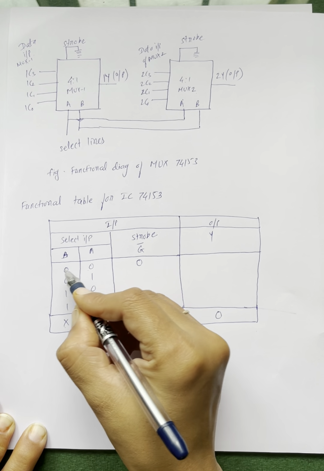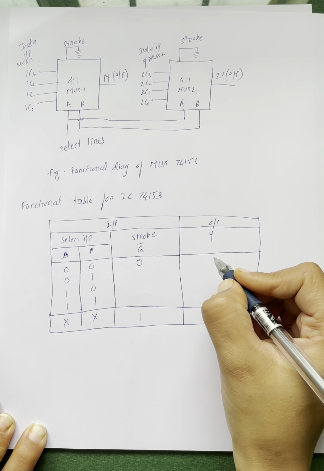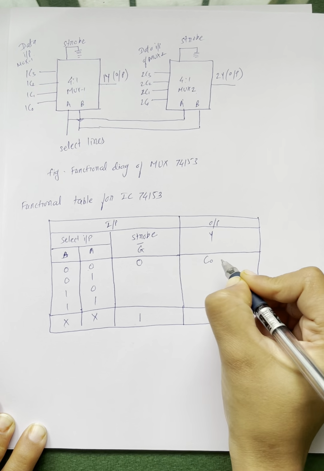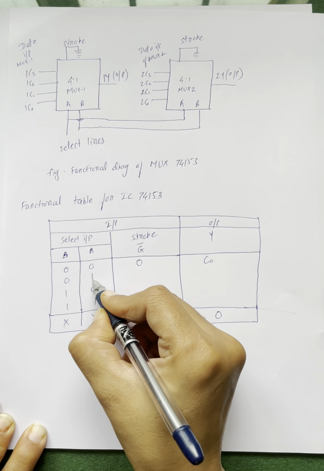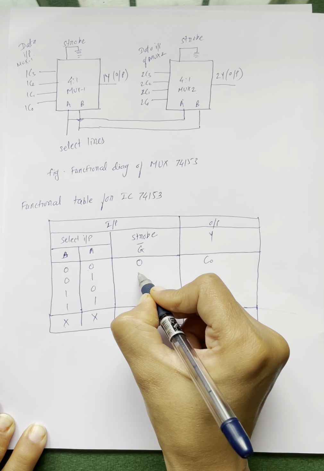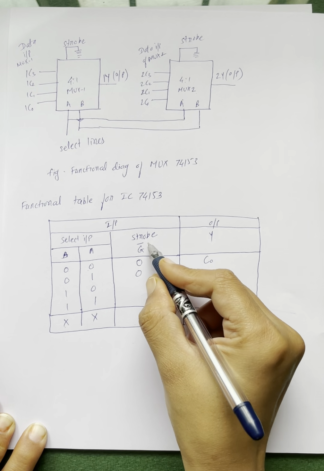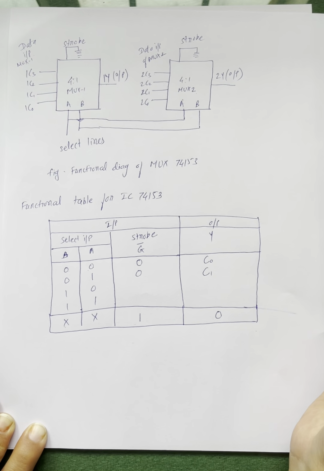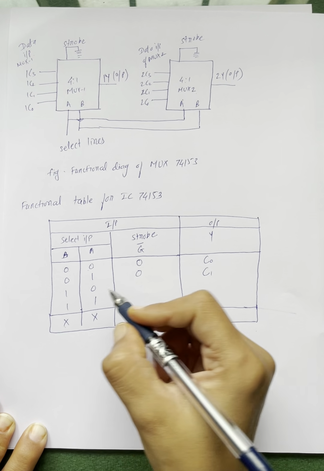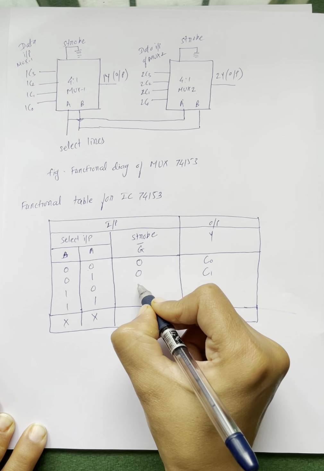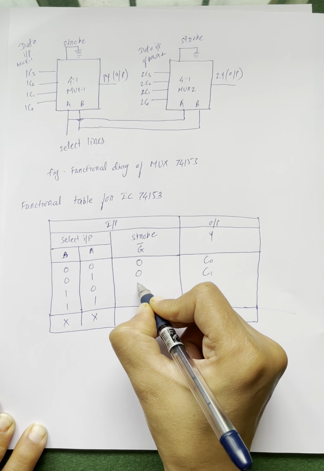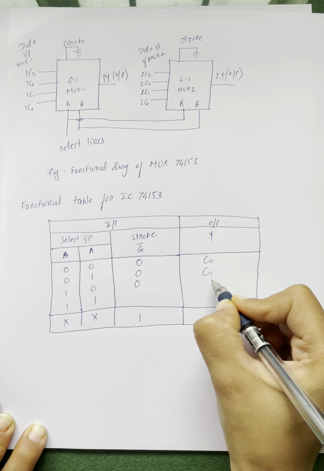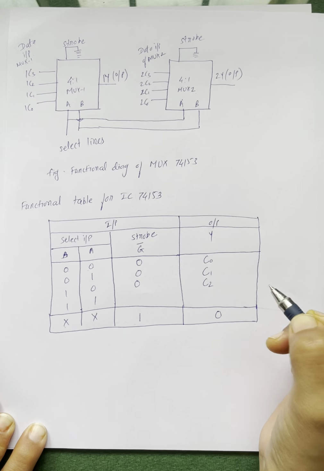So if the select lines are 0 0, your output will be the value of C0. 0 1 is the representation for decimal 1, and your strobe is 0, so it will generate output as C1. 1 0 is the binary representation for decimal 2 and your strobe is 0, so that time your output will be C2.